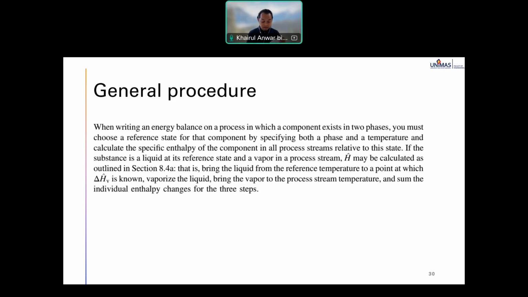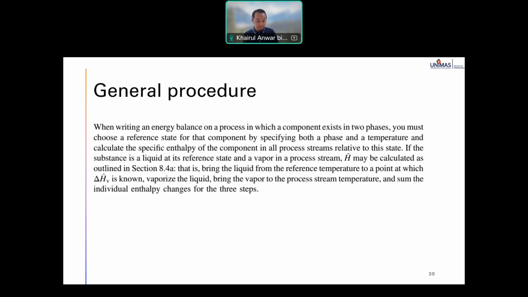Delta Hv, heat of vaporization. That one is for if the initial state is liquid and it changes to vapor, so you need to raise the temperature to the heat of vaporization.